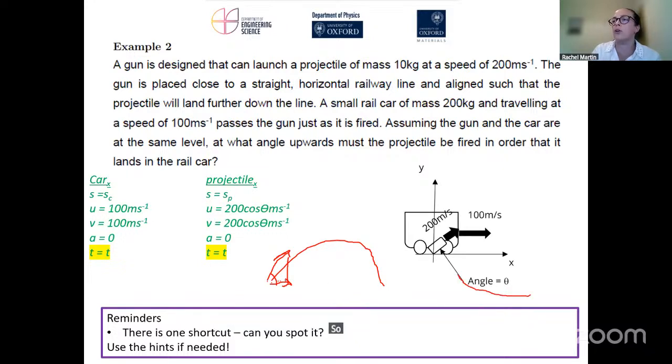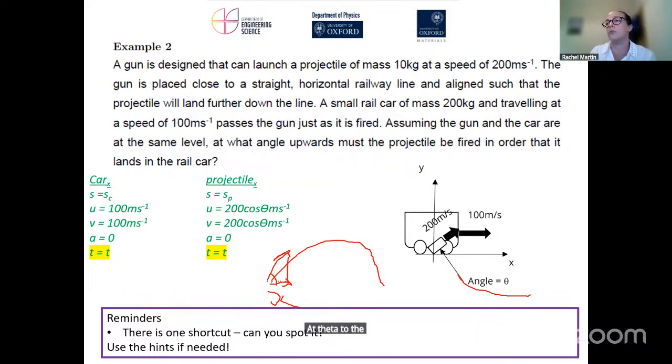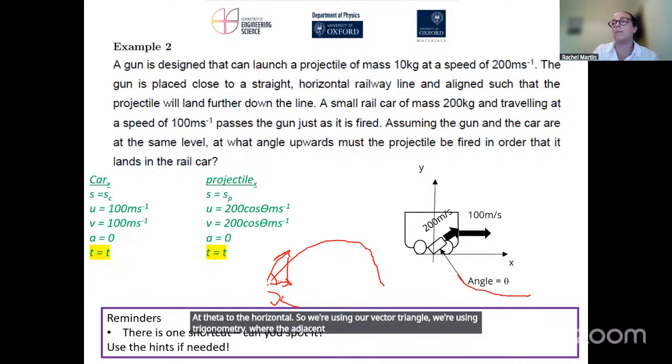So the angle to the horizontal, using trig, I know that this base x dimension is the adjacent component for that angle, for this vector triangle. And my hypotenuse is 200 meters per second because the question says that the gun is launched at 200 meters per second at theta to the horizontal. So we're using our vector triangle, we're using trigonometry where, when we're trying to find the adjacent side using our hypotenuse, we know our hypotenuse is 200 meters per second.